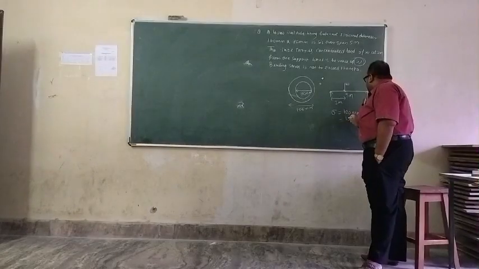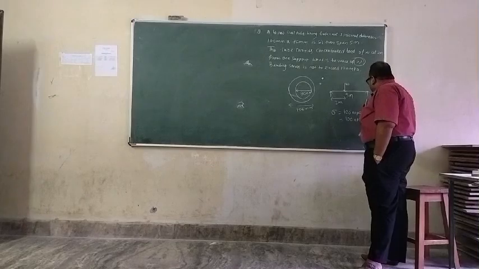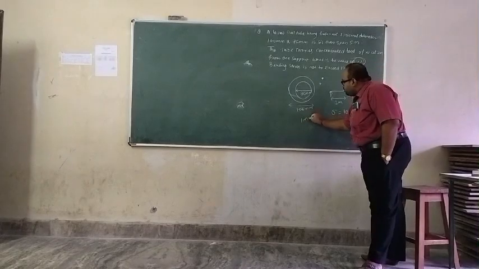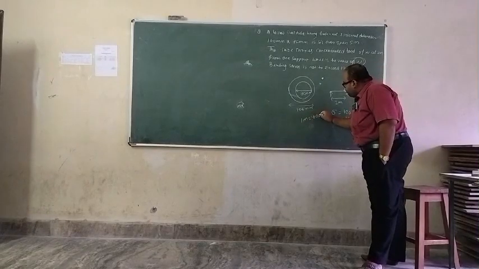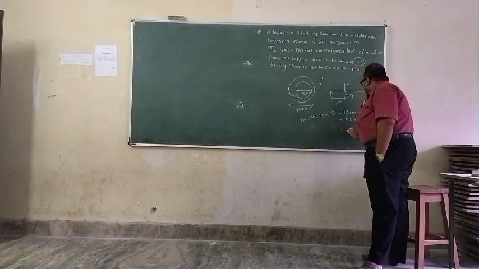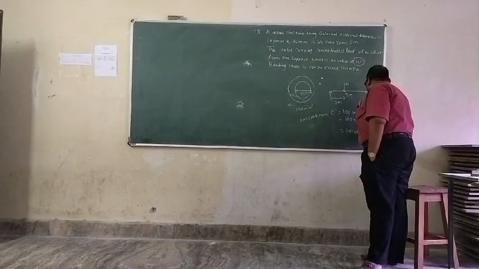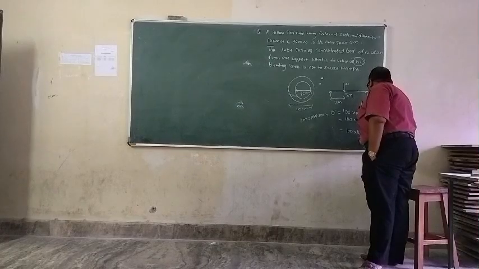So I can write 100 multiplied by 10 to the power 6 Newton per meter square, and 1 meter is 1000 mm. So I can put here 100 multiplied by 10 to the power 6 Newton per 10 to the power 6 mm square.